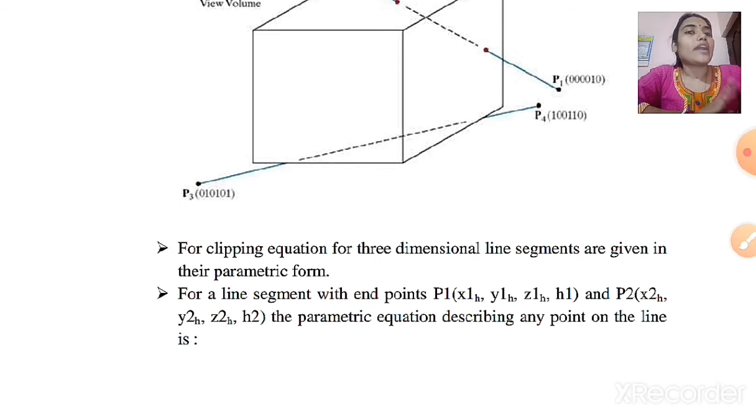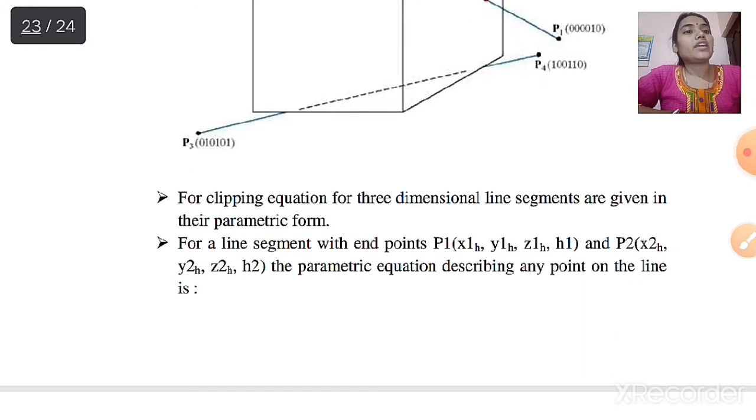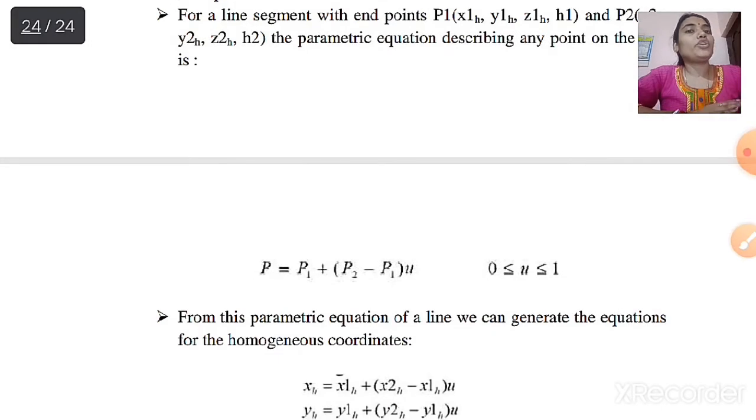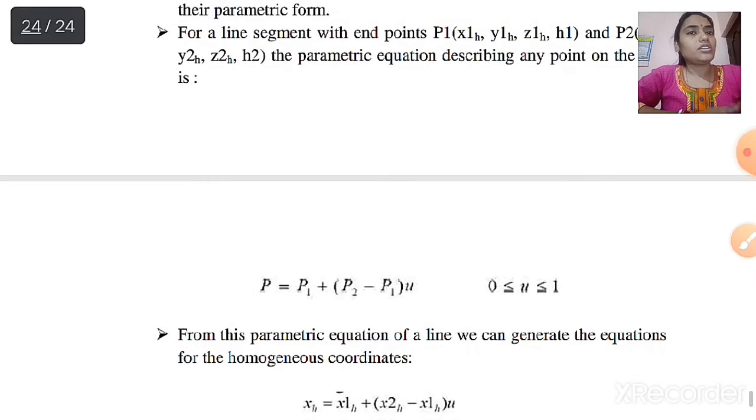For a line segment with endpoints P1 (x1h, y1h, z1h, h1), because this is a 4x4 matrix, and P2 (x2h, y2h, z2h, h2), the parametric equation describing any point on the line is P equals P1 plus (P2 minus P1)u, where u is the parameter between 0 and 1.